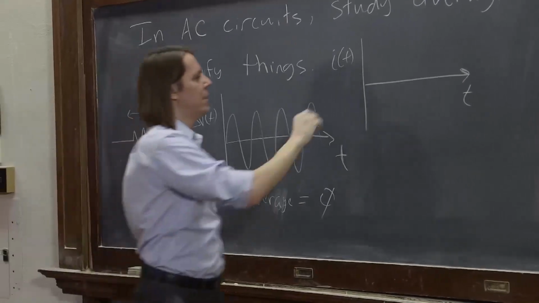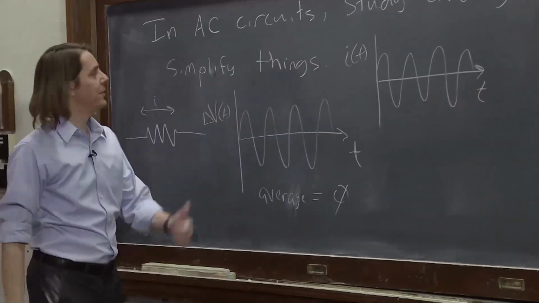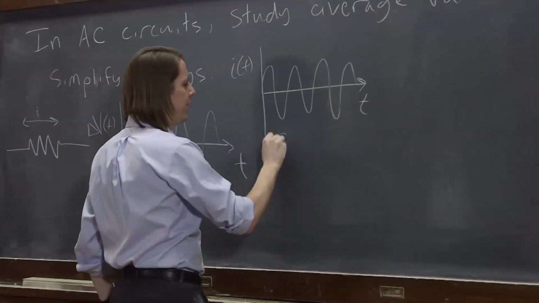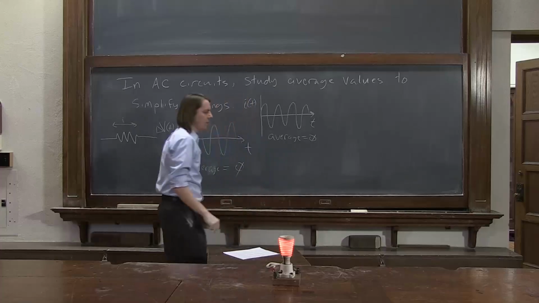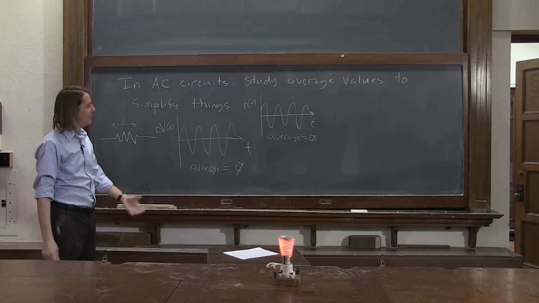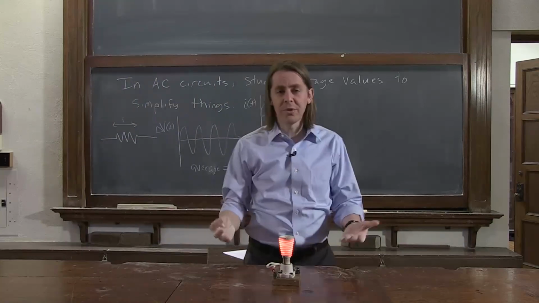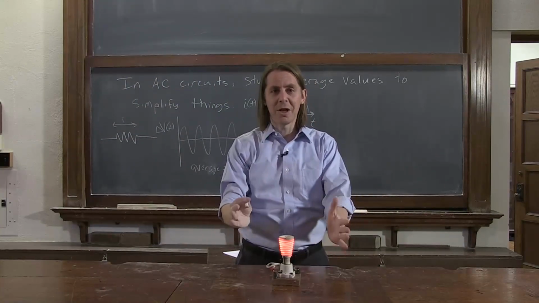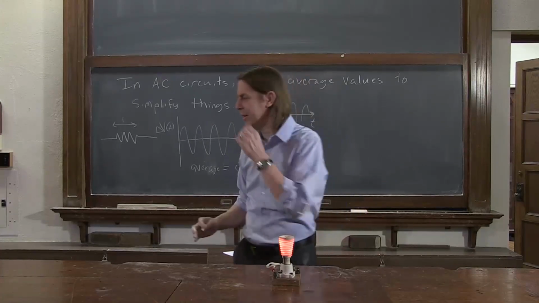Current versus time, along with the voltage, oscillates. It spends just as much time going this way as it does going that way. It oscillates around 0, so the average is also 0. So that's another case where the average doesn't seem to make a lot of sense. In fact, from these two, you'd say, well, if the average is 0 and the average is 0, maybe we can just conclude nothing happens, and then we're done with AC circuits. That's nice and easy. Well, clearly, though, something happens. When I get close to this, it's very hot. Okay, something is going on.